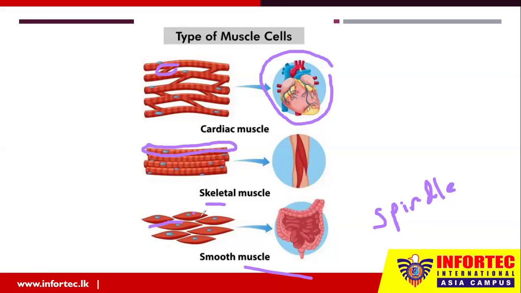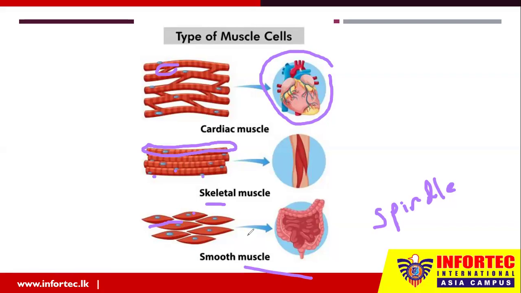But in the skeletal muscles, there are multinucleated cells. You can see multiple nuclei in one long cylindrical fiber. But in the smooth muscles, there is only one single central nucleus. They are non-striated, spindle-shaped cells.